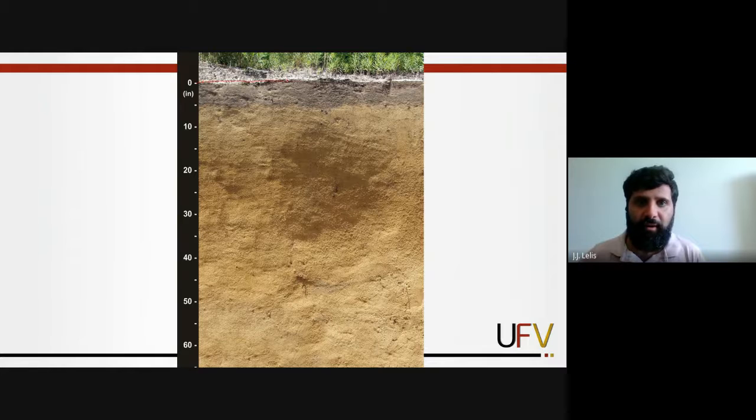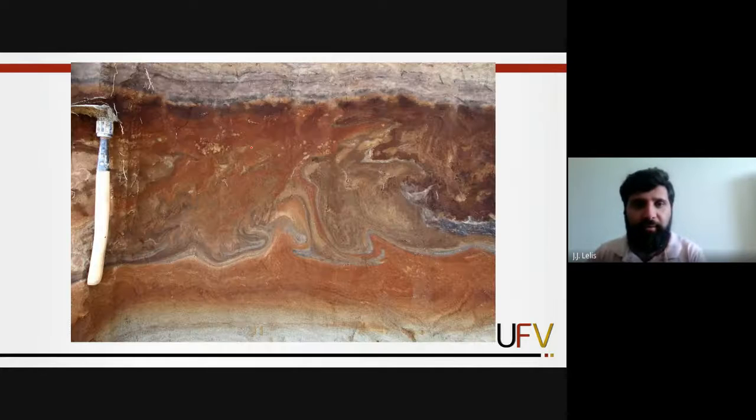Okay, the soil surface here, and the transitional line and the transitional zone is here. So here I can see a smooth transition between this horizon, this black one, and this yellow one. It's very common, as I said.